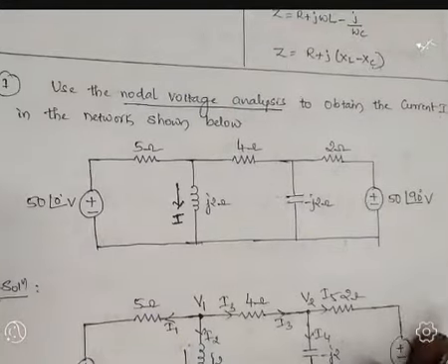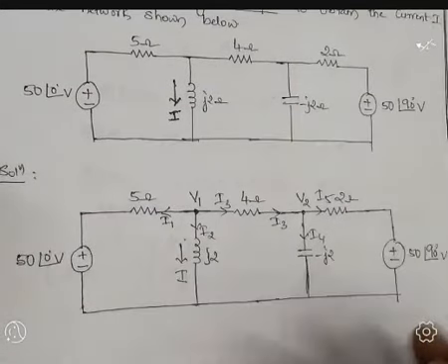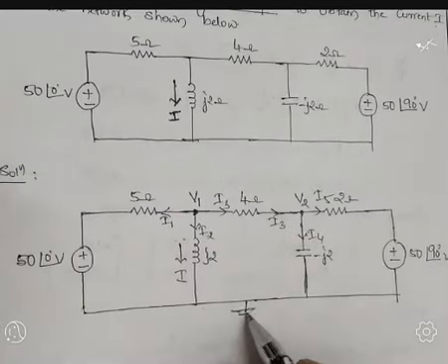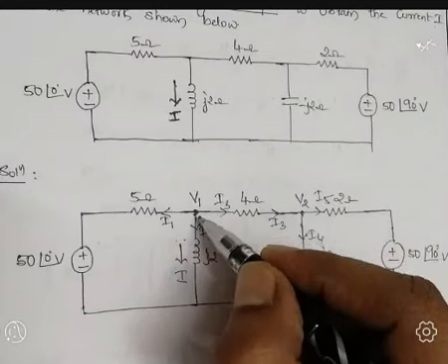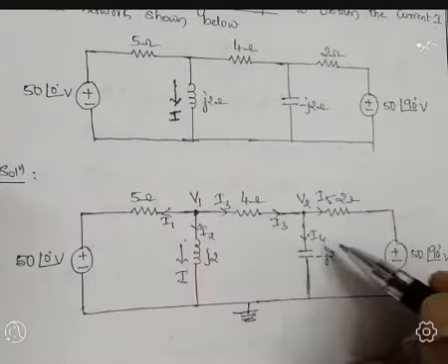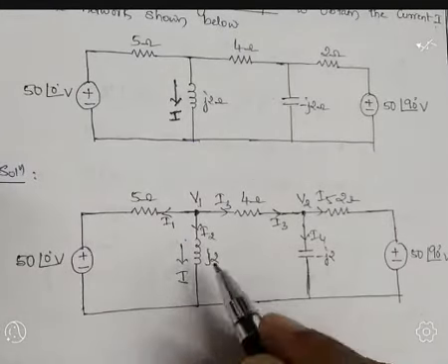So first I will identify how many nodes are present in the given network. So one node and two node. This is ground. This is ground. So first I represented the nodes for the given network. This node is represented by V1 and the second node is represented by V2, and I'm going to represent the currents for these two nodes.